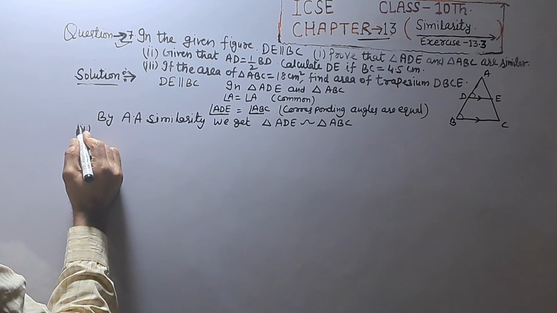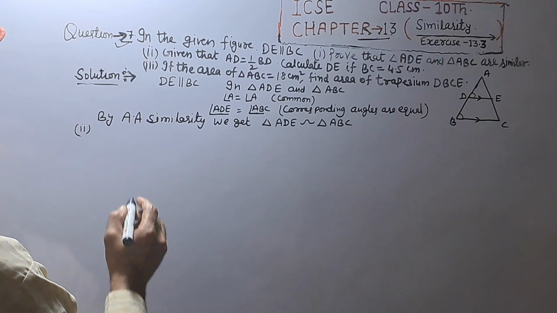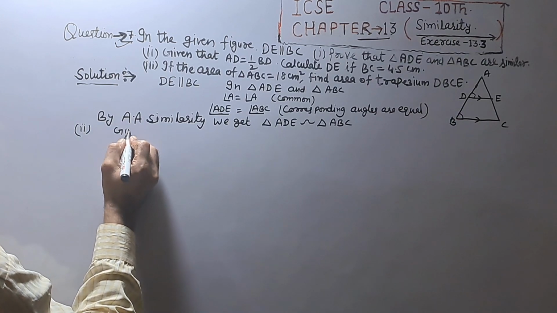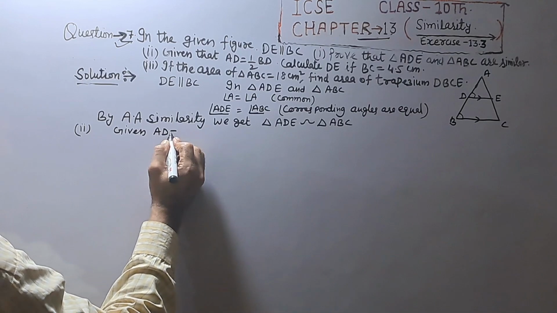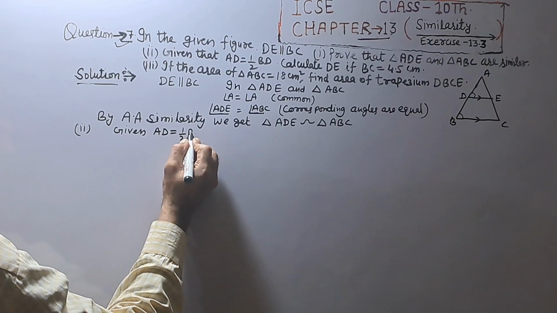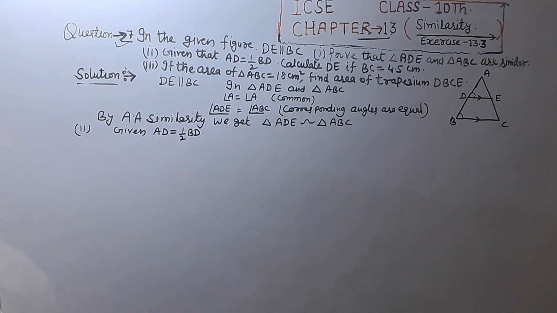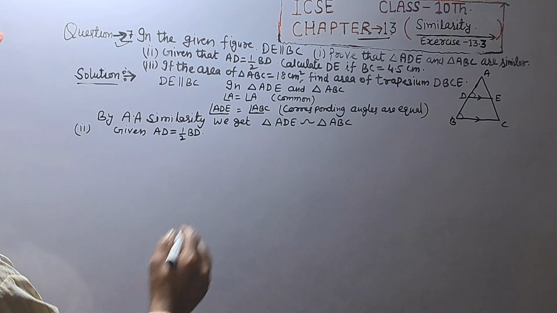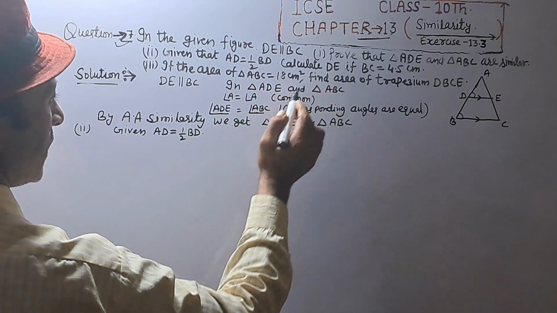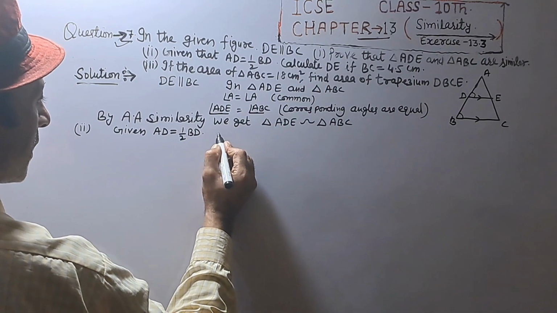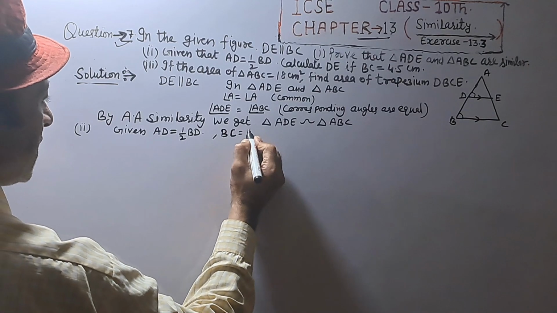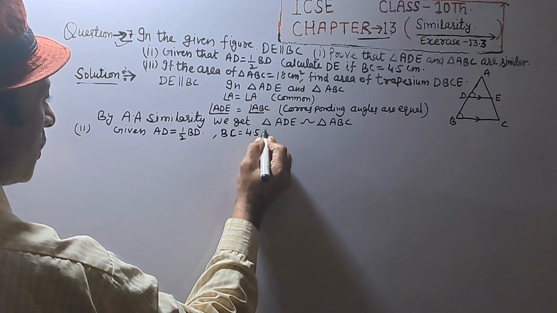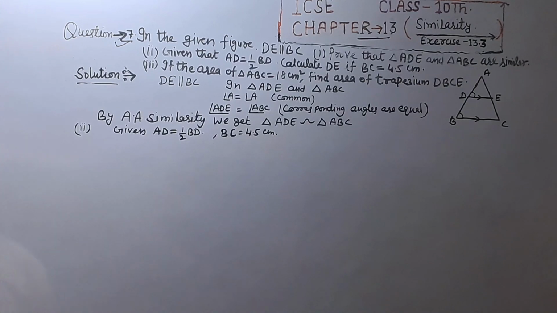And second, given AD is equal to half of BD and calculate DE. BC is equal to 4.5 centimeter given.